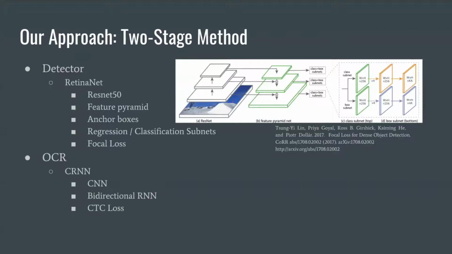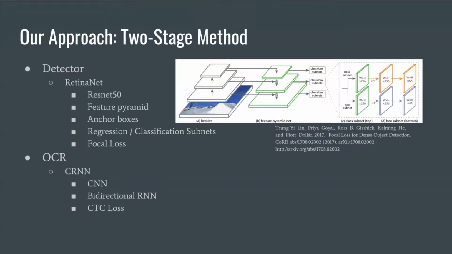After the image passes through the detector, we get a set of bounding boxes with classes. For every class that's positive for license plate, we can take that bounding box, crop the image, and then run that cropped image through an OCR model. For the OCR model, we chose CRNN because it performs at state of the art for character recognition.